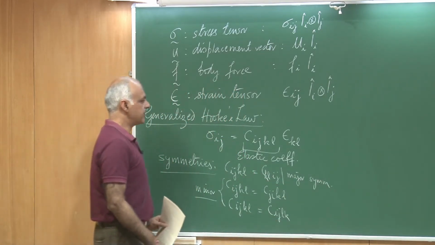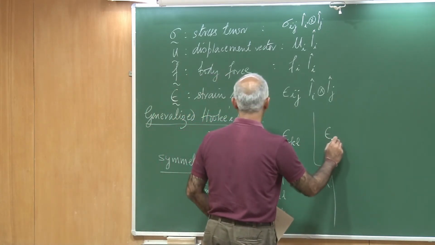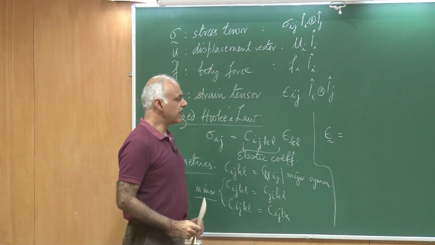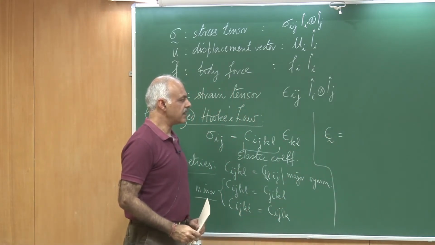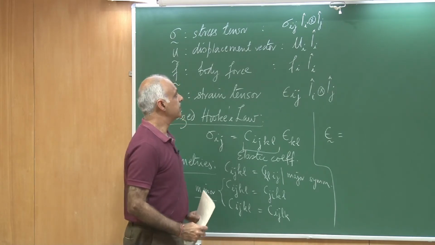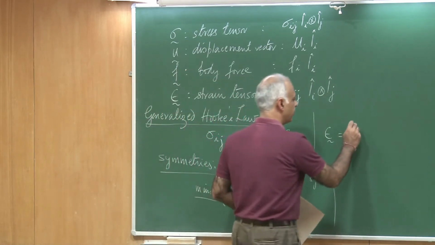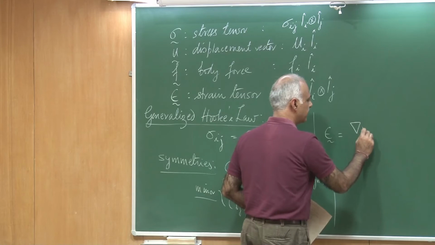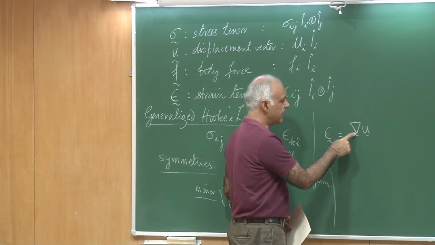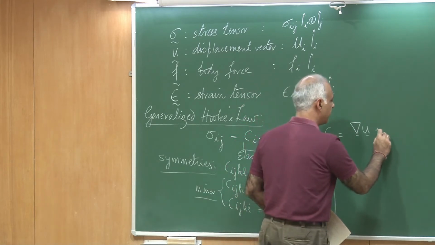As far as the strain tensor is concerned, E, we assume that this is given by the symmetric part of the gradient of the displacement tensor. So, if I look at the gradient of displacement, notice u is a vector. When I take a gradient of it, it becomes a tensor, but I want to take the symmetric part.